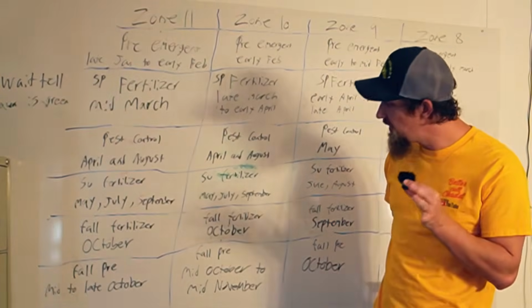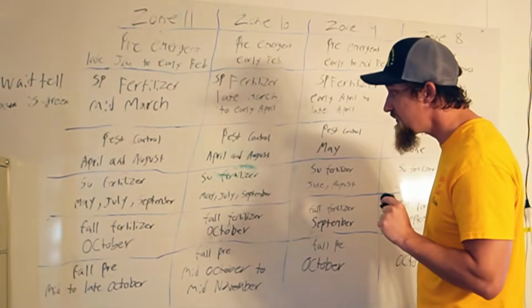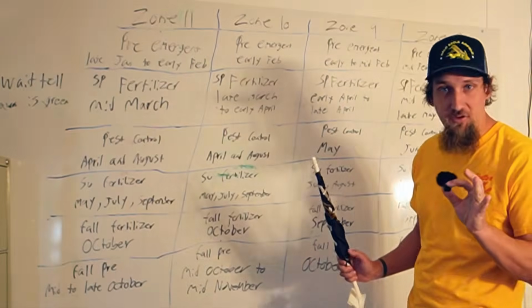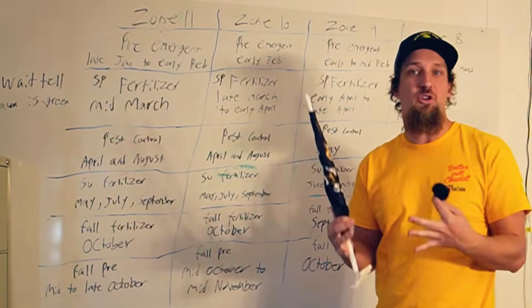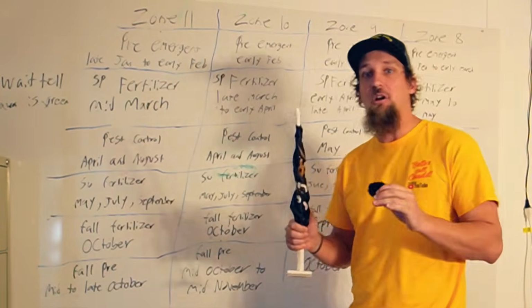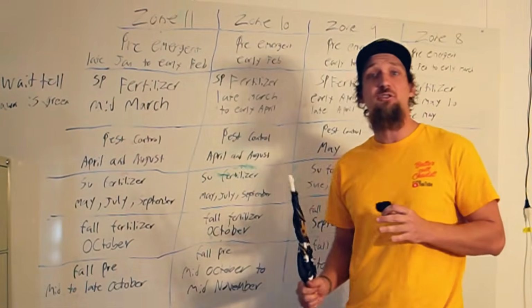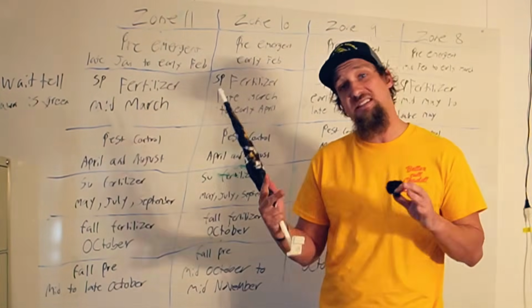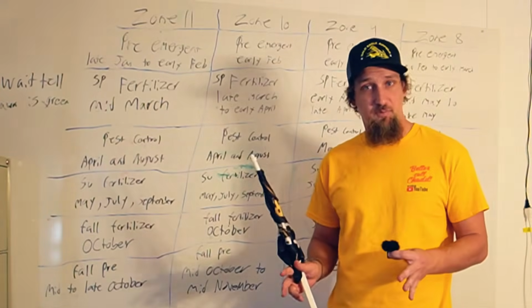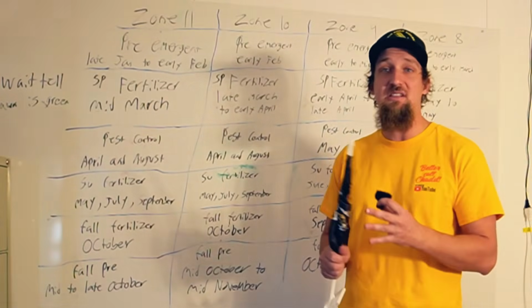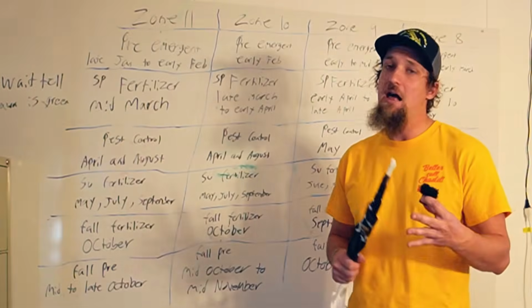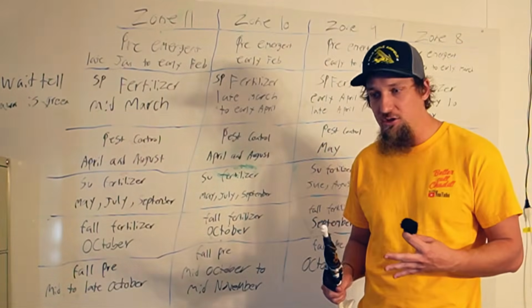Okay, now fall fertilizer. That's where things get a little different as well because that Zoysia is going to go dormant faster. What I recommend for fall fertilizers is two things. You could do a 7-0-20 stress blend, which is going to be good because it's the lower nitrogen blend. I'd recommend that for the loamier soils.